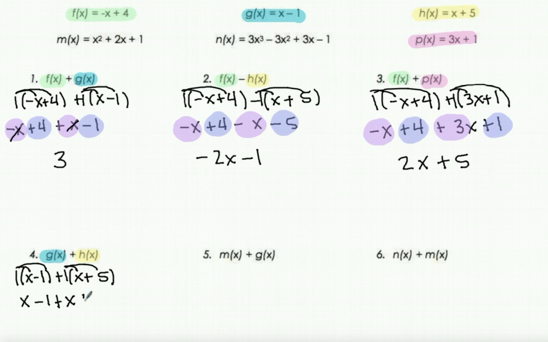And 1 times 5 is positive 5. I'll combine my like terms, which will be my x and my x, my negative 1 and positive 5. So x plus x will give me 2x, and negative 1 plus 5 will give me positive 4.